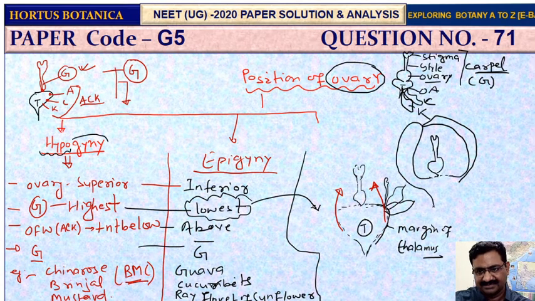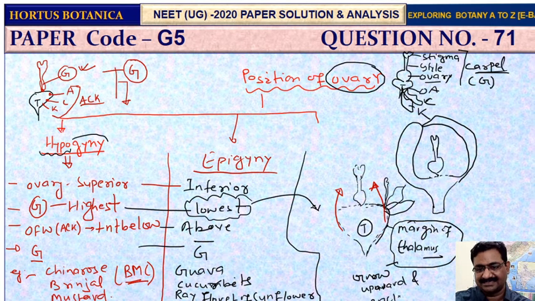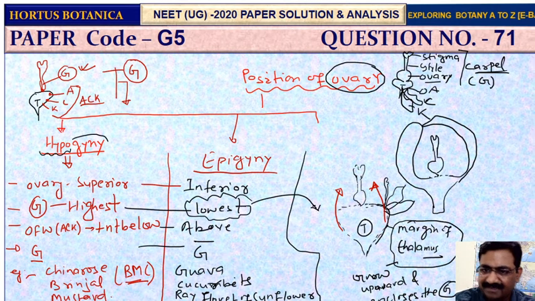Likewise, see, the gynoecium has been enclosed completely. Are you finding why it is being enclosed? Because the margin of this thalamus grows upward and encloses the gynoecium. Mind well, carpel.